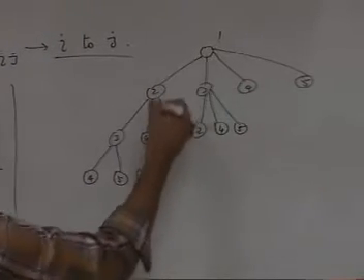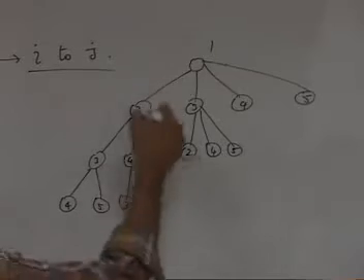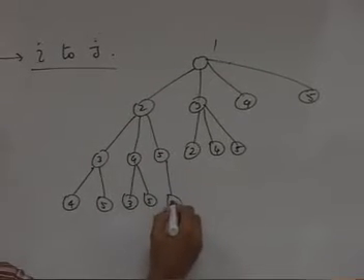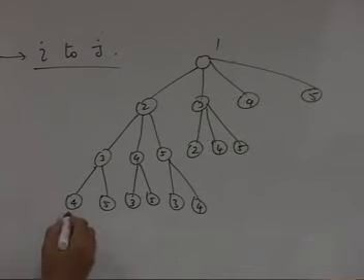After 1 to 4, you can go to 3 or to 5. You have to avoid this; you cannot visit the same node again and again. And 1 to 5, you can go to 3 or you can go to 4. I am not expanding all of them.